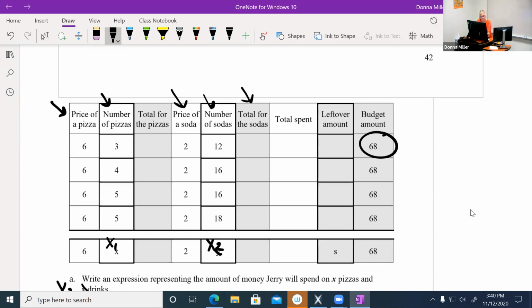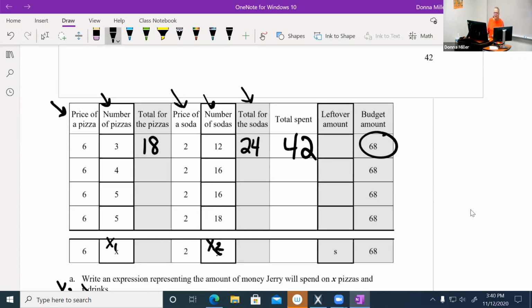All right, so if I have 3 pizzas and they're $6 each, I'm spending $18. I'm doing 3 times 6 on pizza, right? If I buy 12 sodas at $2, 2 times 12 is 24, right? So the total amount of money I spent would be 18 plus 24. It's the pizza money plus the soda money. So I spent $42, right?